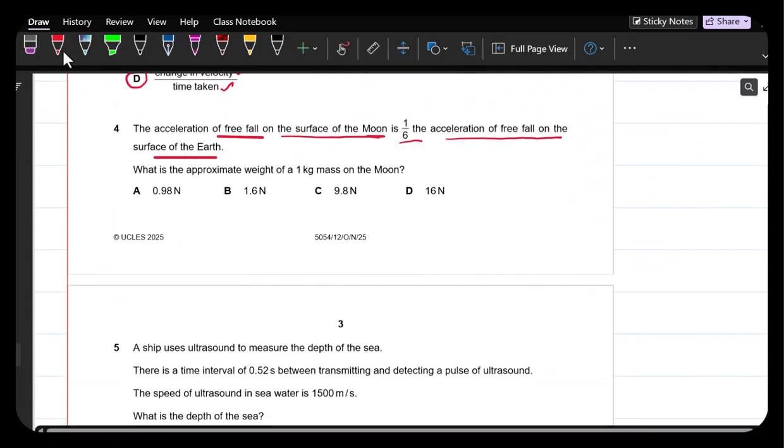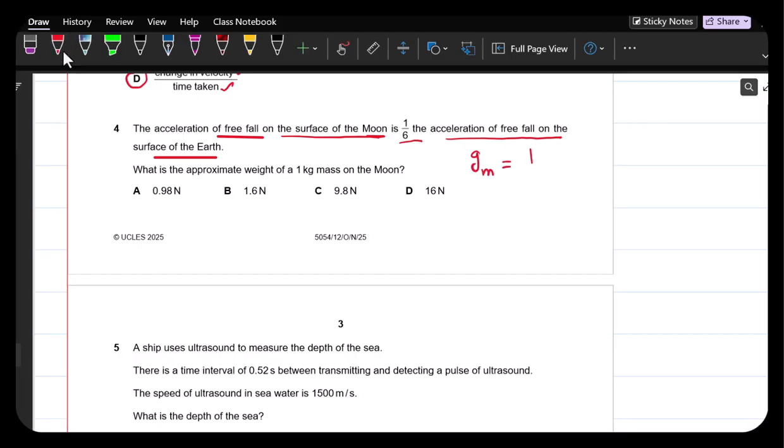So for the moon, I am writing g_M, that will be 1 by 6 of 9.8. If you calculate this, 9.8 divided by 6, you will get 1.633 Newton per kilogram.